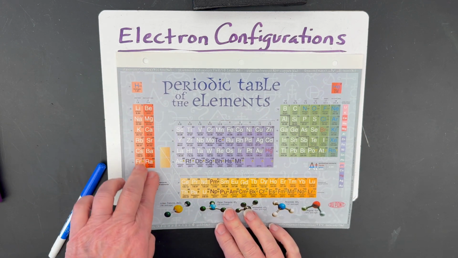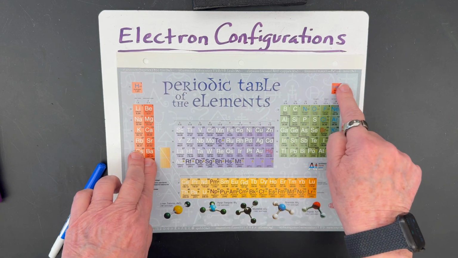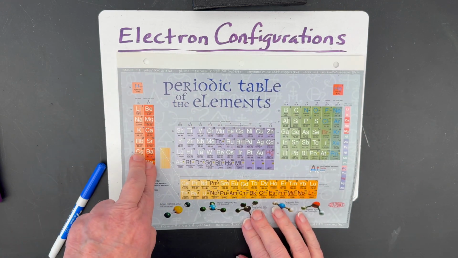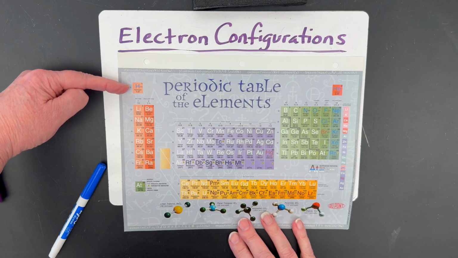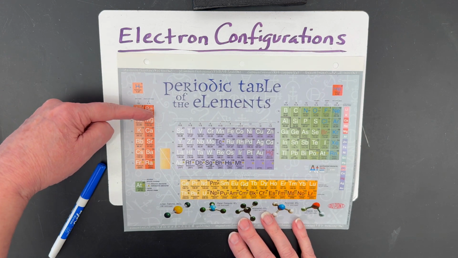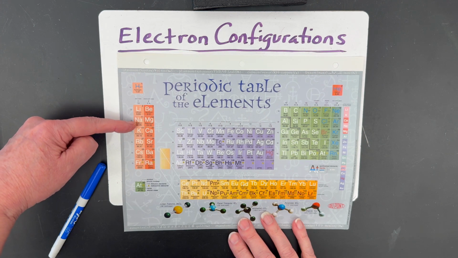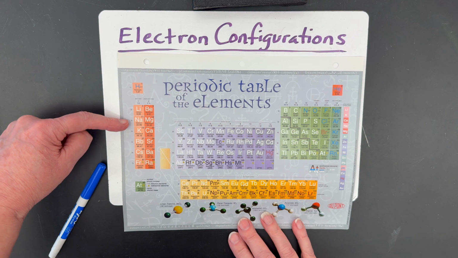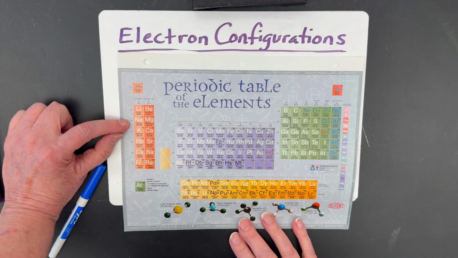The orange, and notice helium is an orange, you've got to kind of think about it over here. The orange is where you have an S sublevel filling. If you're on the first row, that's 1s. If you're on the second row, that's 2s. If you're on the third row, that's 3s, etc. So that number in front tells you what row you're on.